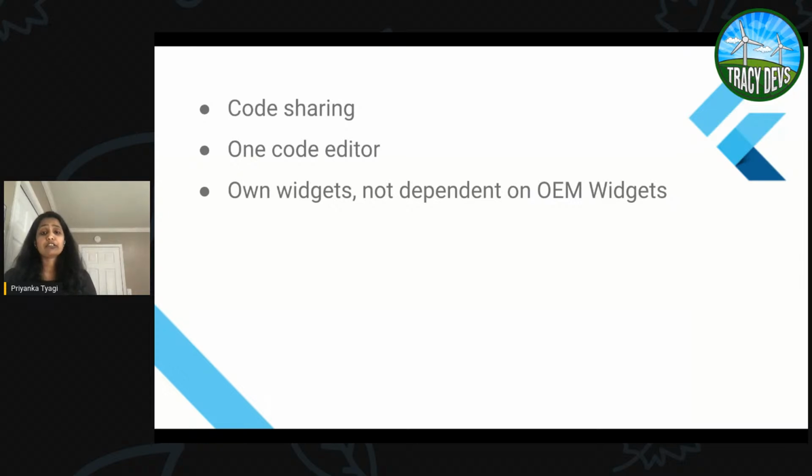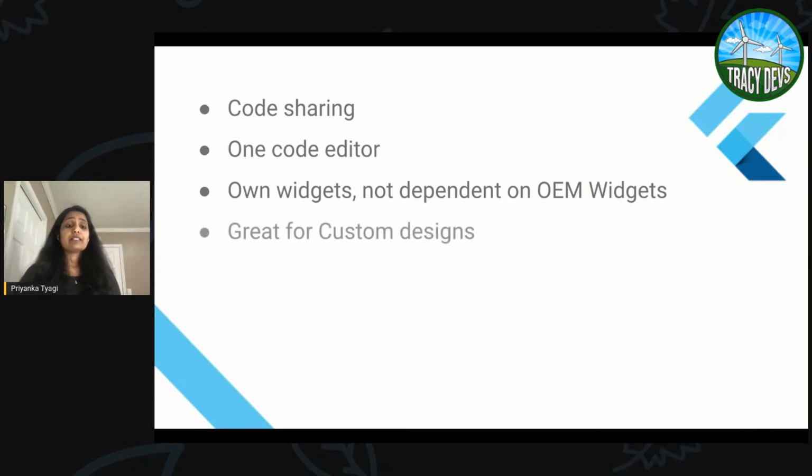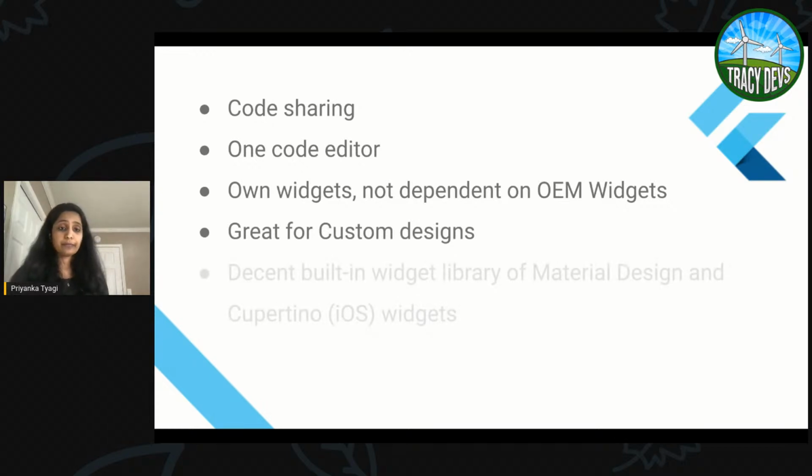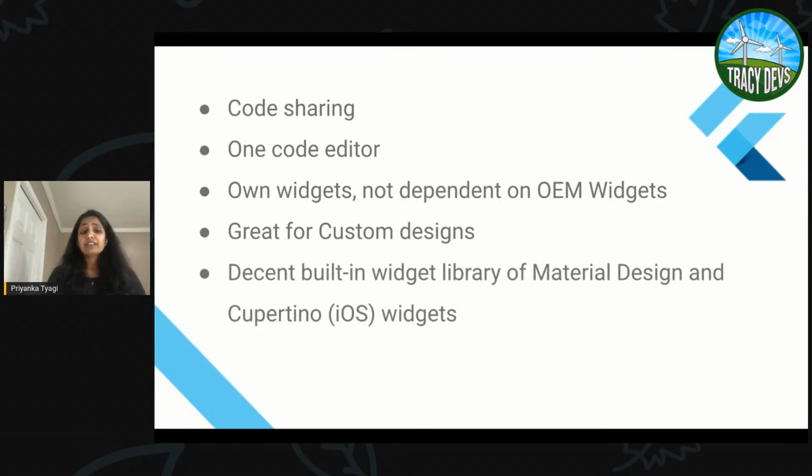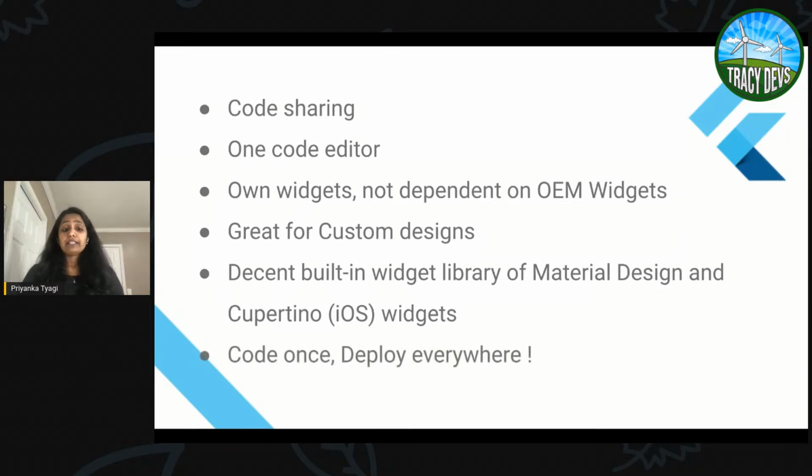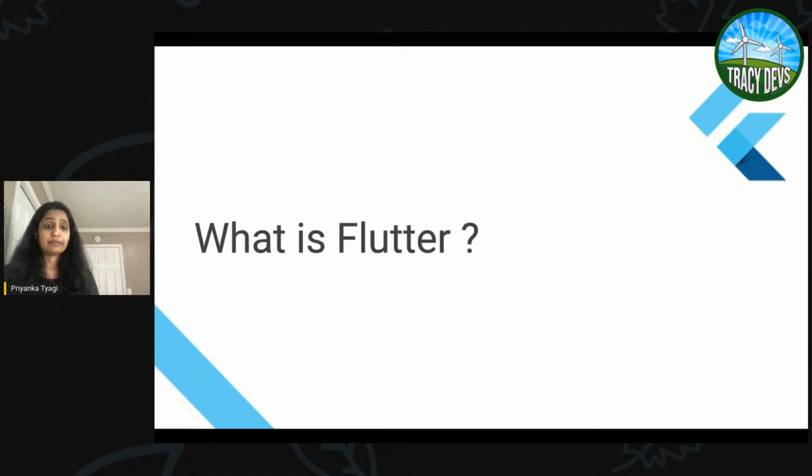OEM stands for Original Equipment Manufacturer, the companies which actually create the devices. That makes Flutter a great choice for custom designs. Flutter also comes with a decent built-in widget library for Material Design and for Cupertino widgets targeted at iOS. And finally, you code once and deploy everywhere on these 4 platforms.